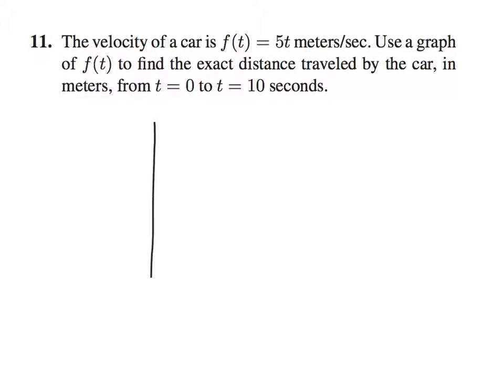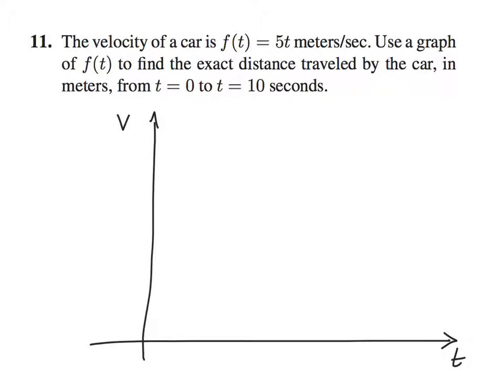I'll draw the graph, because the basic idea we can get even without plotting an exact graph. So here we would have t, and then on the y-axis we have v, velocity. The velocity function is 5t, so that's a line with slope 5 through the origin.